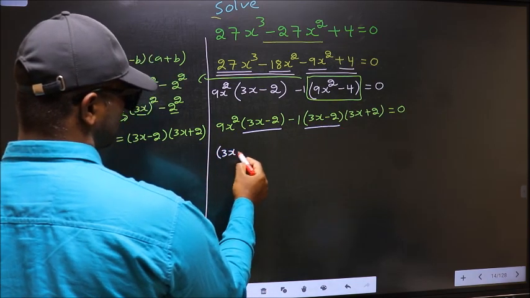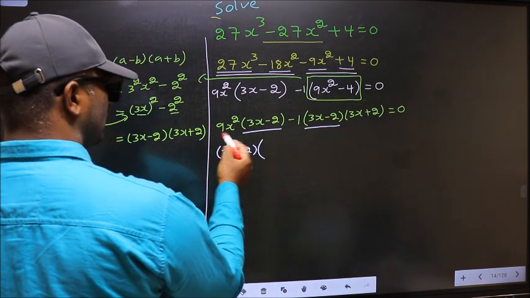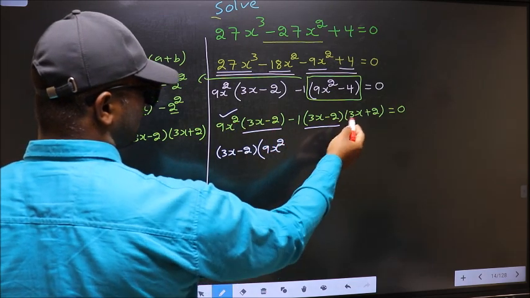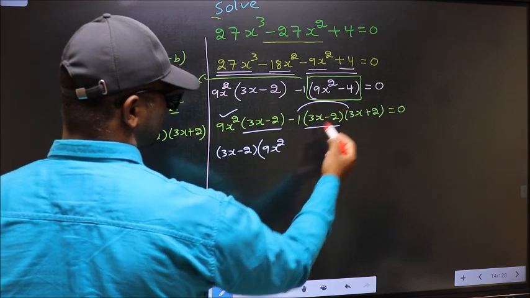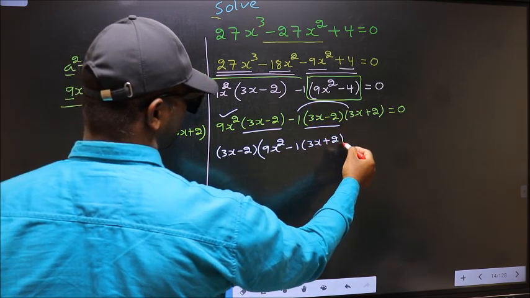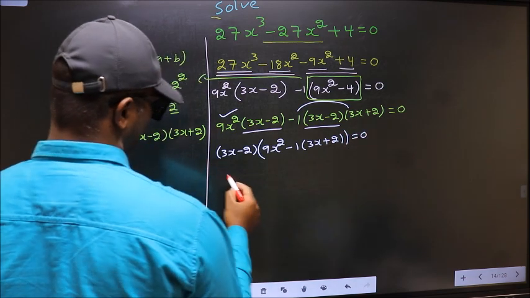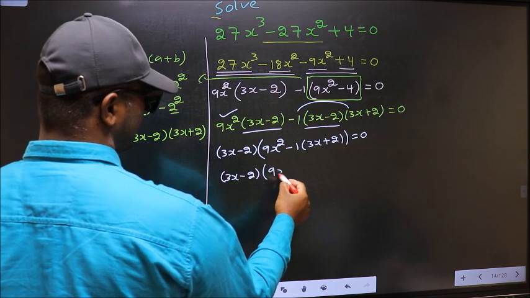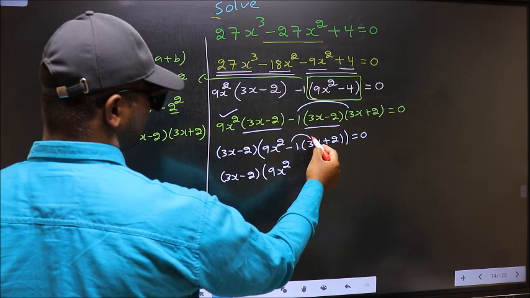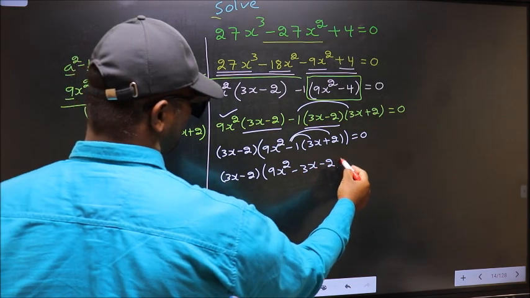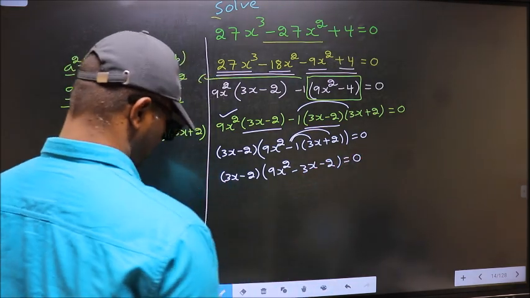So 3x minus 2 outside. Over here we are left with 9x square, and over here we are left with these two, that is minus 1 times 3x plus 2 equal to 0. Now 3x minus 2, 9x square, you open up the brackets in this way, you get minus 3x minus 2 equal to 0.